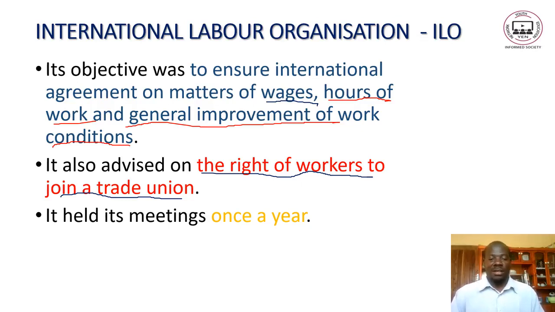So the aim was to give those workers the right to form a trade union so that at least their voices would be heard by the employers. And the International Labour Organization, the ILO, was meeting once a year.